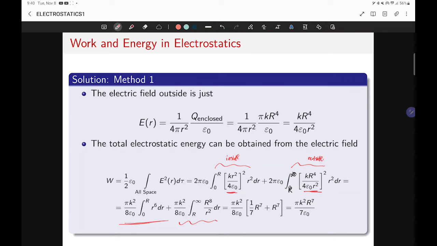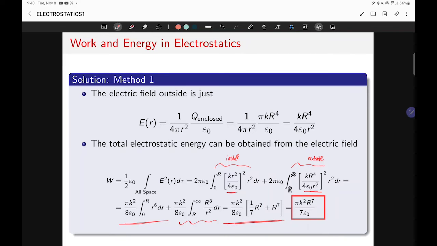So I hope it's clear. We have R to infinity. And if you integrate this one, you simplify this equation, we get this. And ultimately, we are left with this expression.